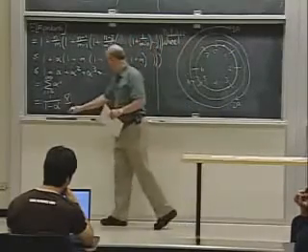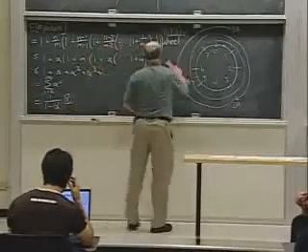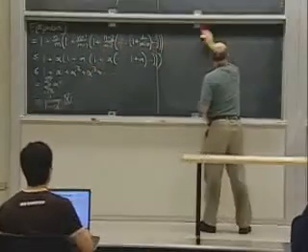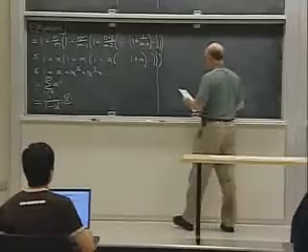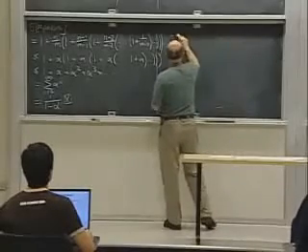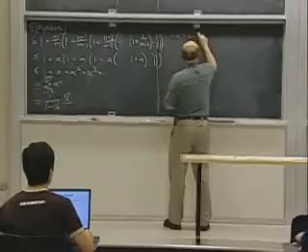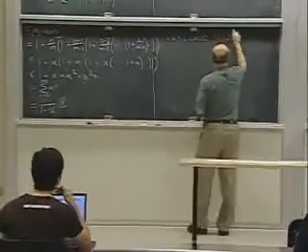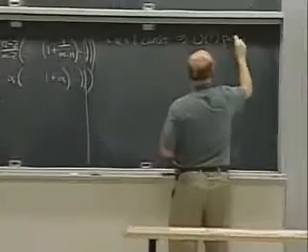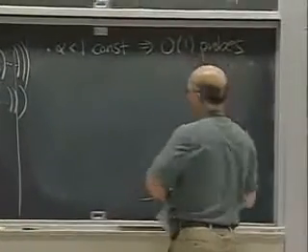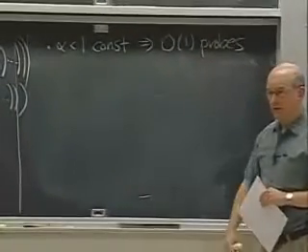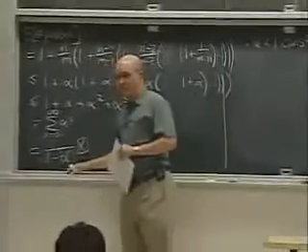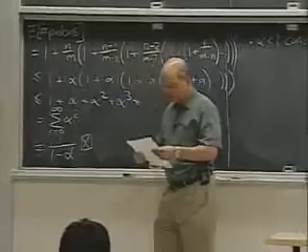So let's just look to see what that means. If alpha is less than 1 and is a constant, it implies that it takes order 1 probes.